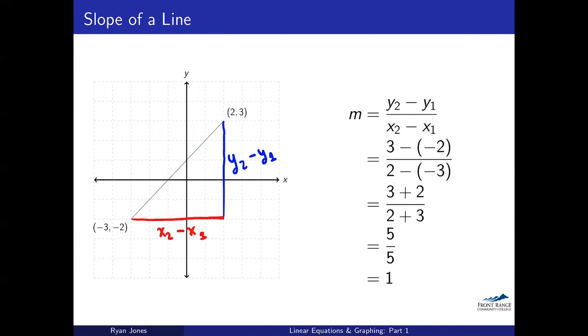Just to be clear here, there's a nice way that you can remember this formula: rise over run. I've explained this without using those terms explicitly, but rise over run is just: how far do I go up? How far do I rise? And how far do I go horizontally? How far do I run straight across?